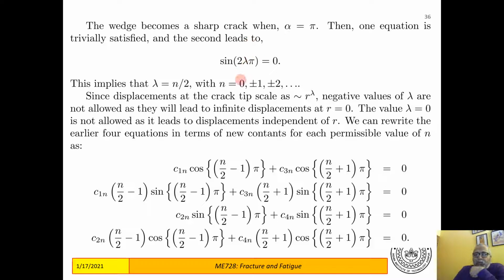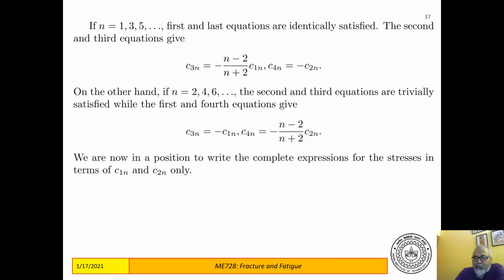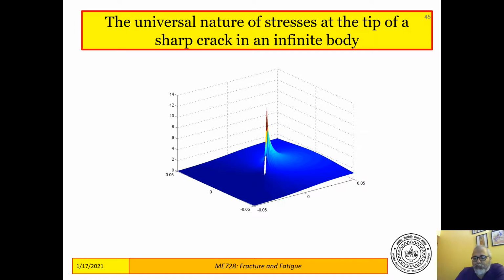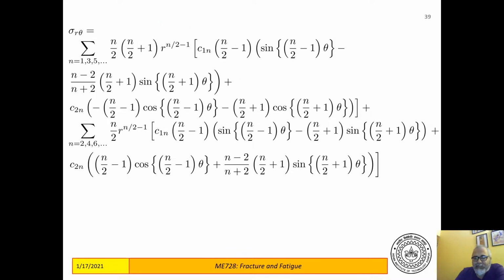The one with 0 is also not possible because r to the power 0 would mean that the displacements are independent of r. That is also unphysical because at the crack tip you have very high stresses.